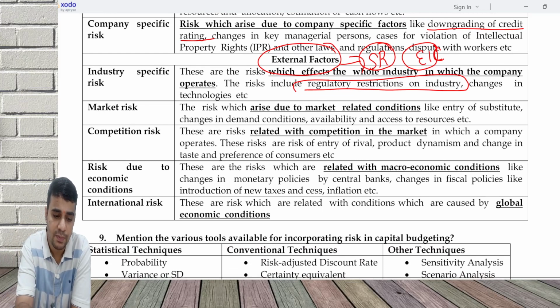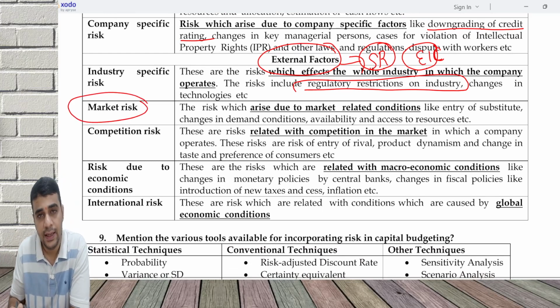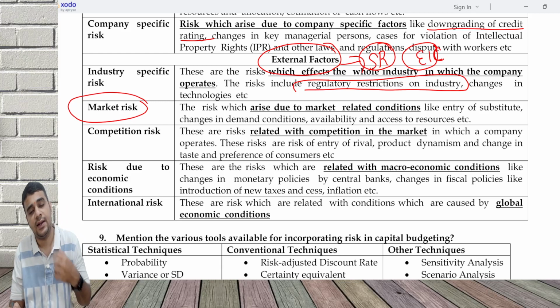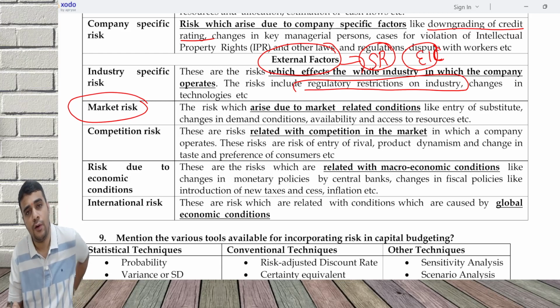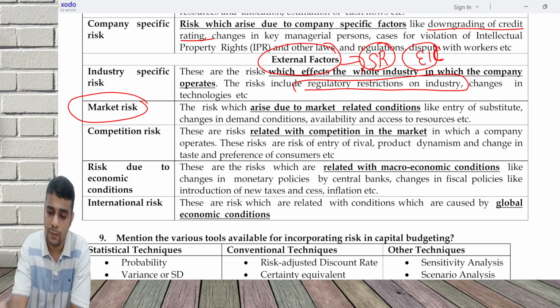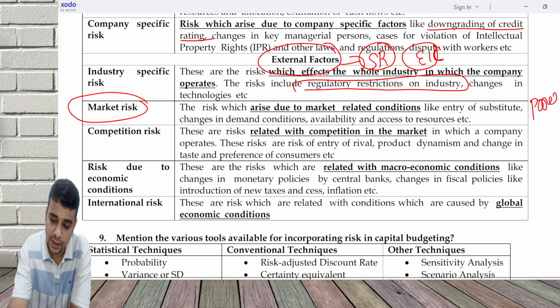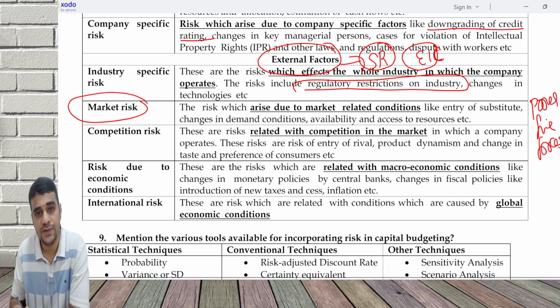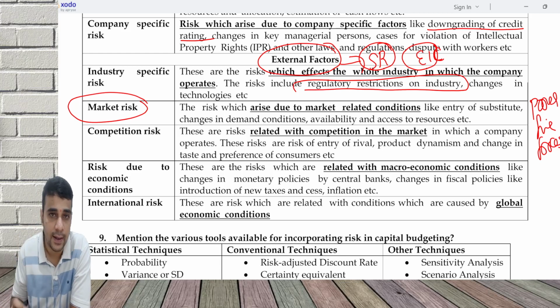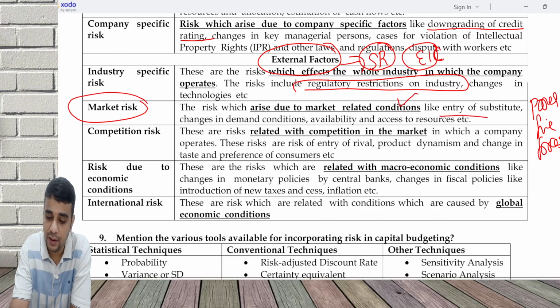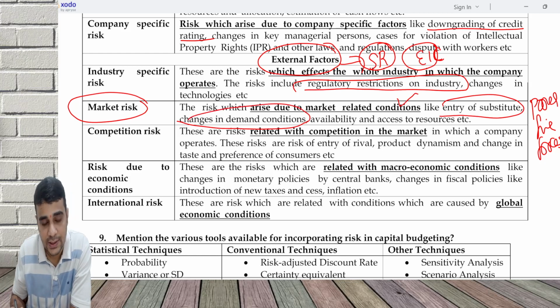Market risk. What is market risk? It is again related to the industry. You can analyze market risk from the point of view of a few specific factors in Porter's 5 forces model. In Porter's 5 forces model, you are focusing on bargaining power of customer, bargaining power of supplier, entry of substitute, entry of new competitor, market related conditions, changes in the demand condition, availability and access to resources.